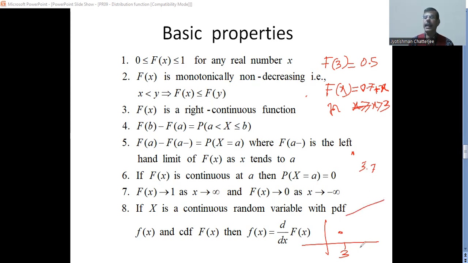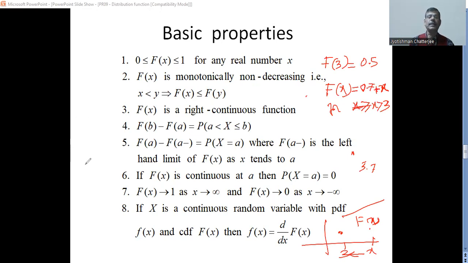In this case, as your argument x approaches the point 3 from the right hand side, the right hand side limit of f x does not match the function value at the point 3. So it's not a right continuous function.